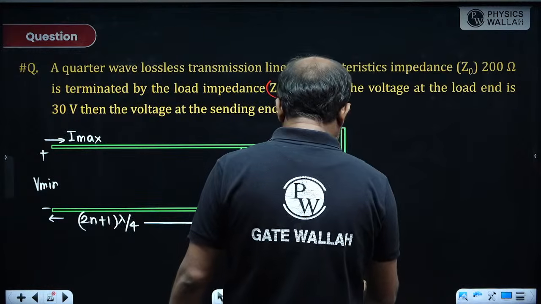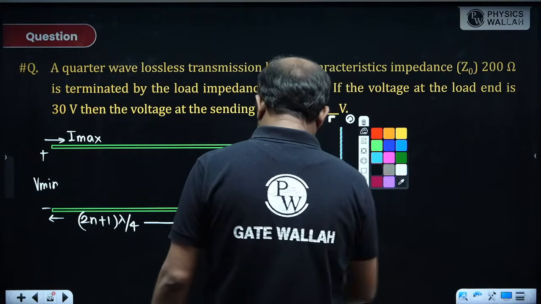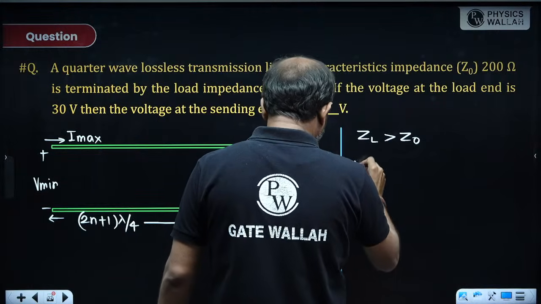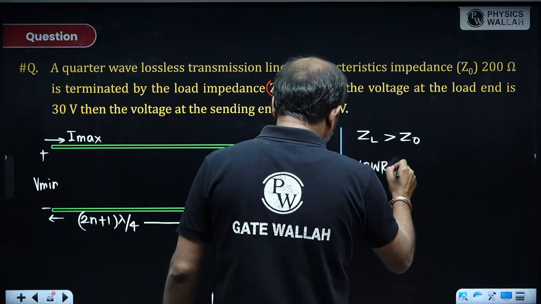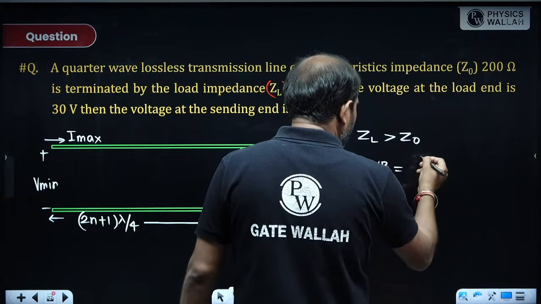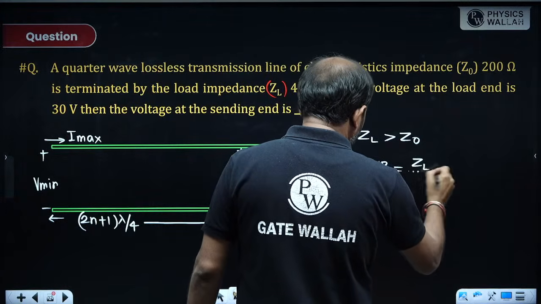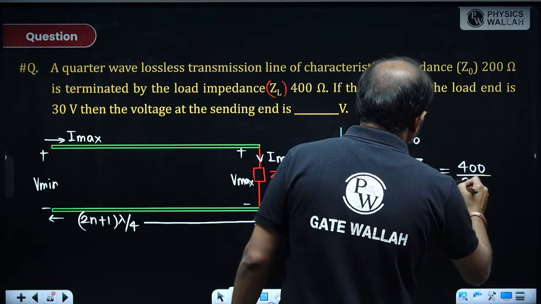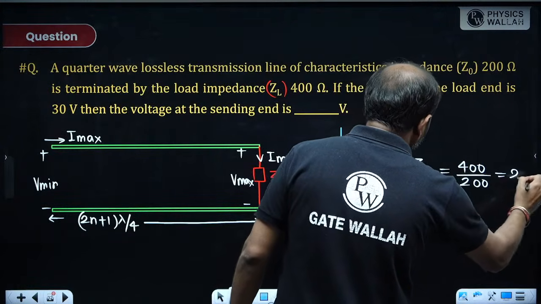ZL greater than Z0. So we have VSWR is equal to ZL by Z0, 400 by 200. It will be 2.